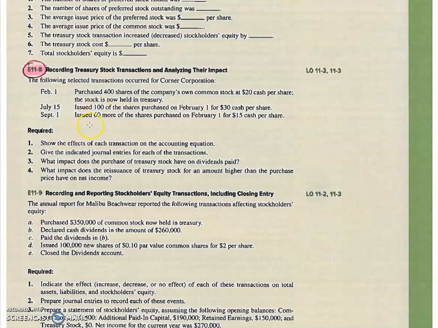Then on September 1st, we issued 60 more shares, this time at less than we paid for it, $15 per share. So in that case, we're going to debit cash for $15 per share times 60 shares. That would be $900, I believe.